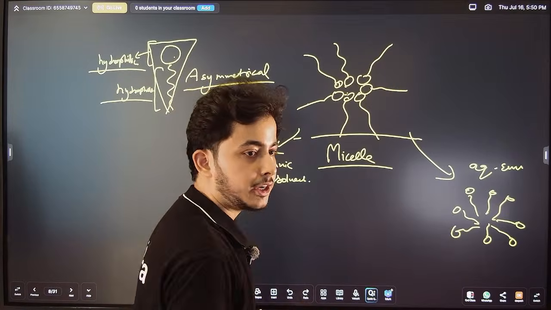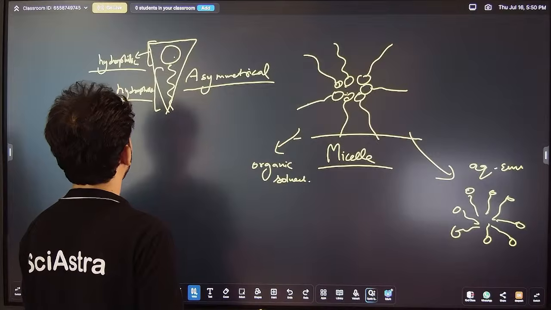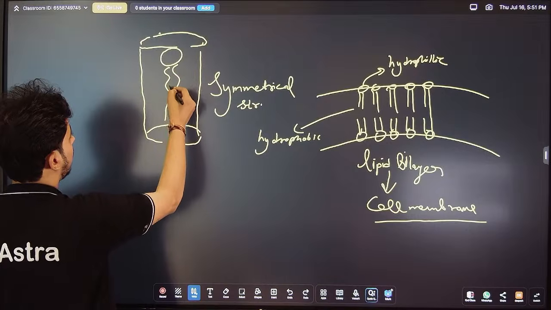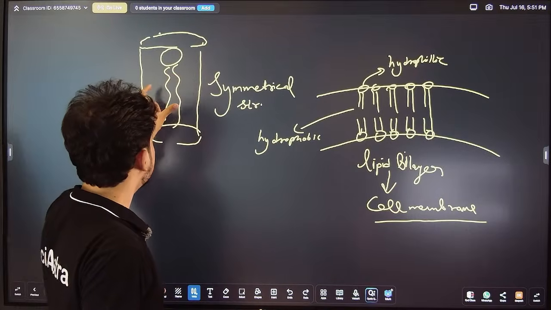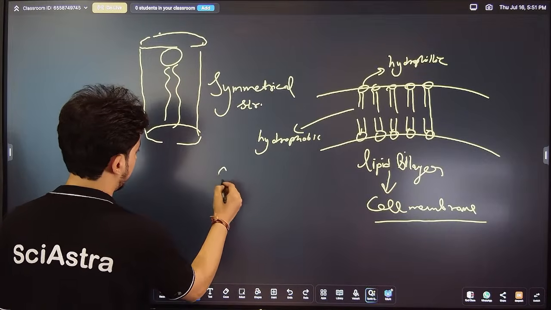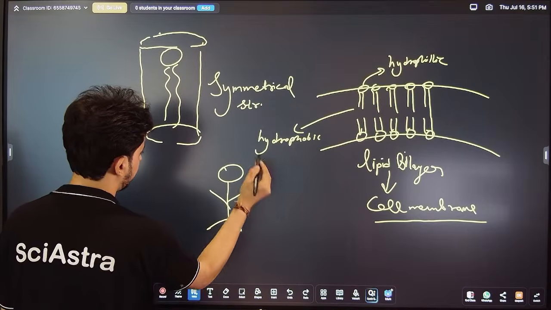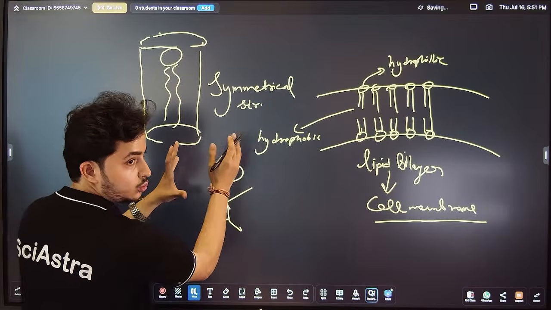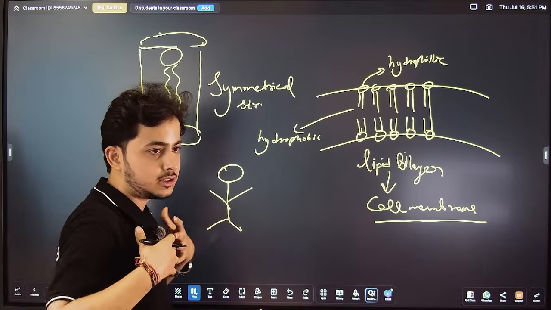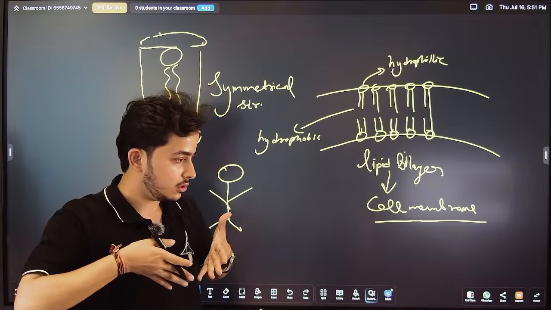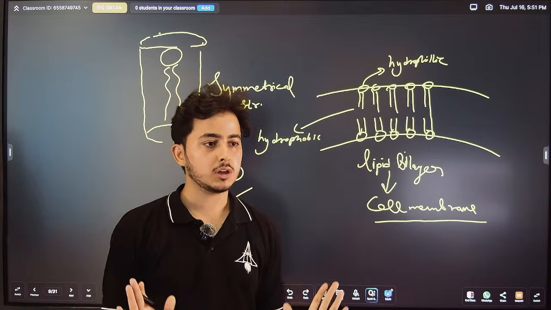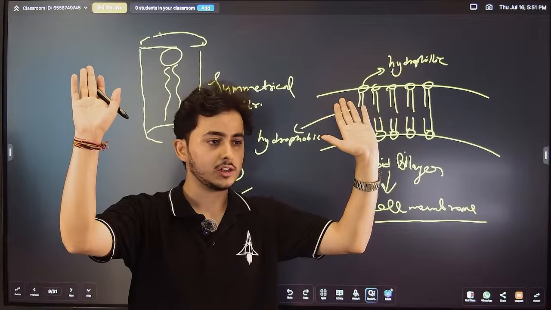When will they become symmetrical? The symmetry comes from the structure itself. These structures which have two fatty acid tails, this is causing the symmetry. Imagine a person. If the head of the person is too large and the body is very thin, then I will become asymmetric, you can visualize me as a conical kind of structure.